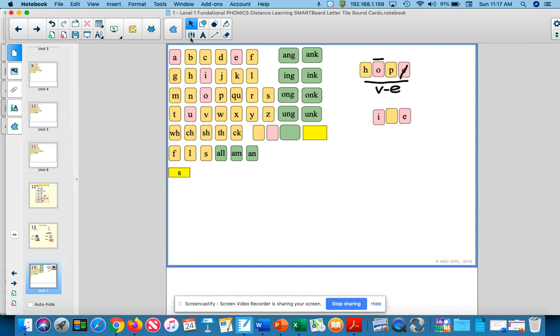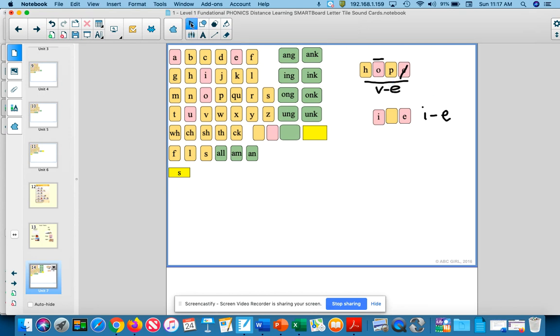If you're writing it, it looks a little different. If I said, what letter says I, you would write I, dash, E. That would be the correct way to write the long I sound when I dictate a sound to you. And there is dictation today, so there are going to be long vowel sounds.